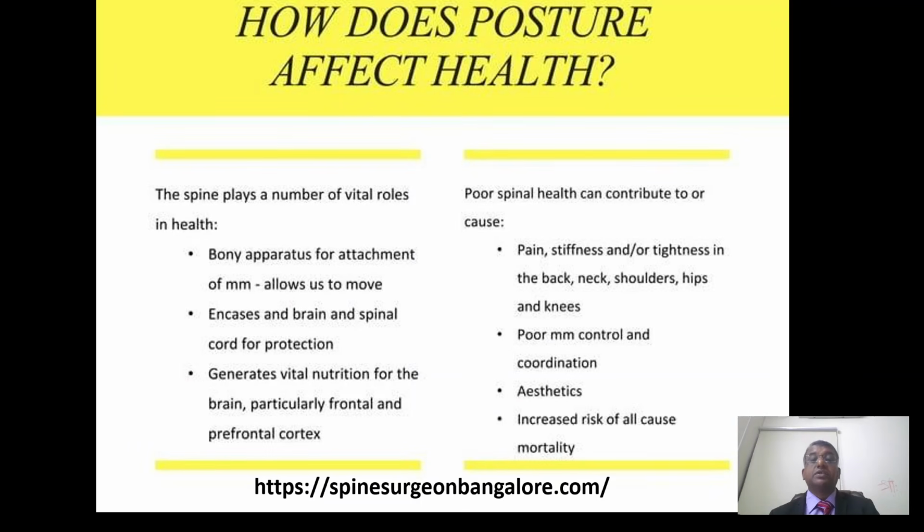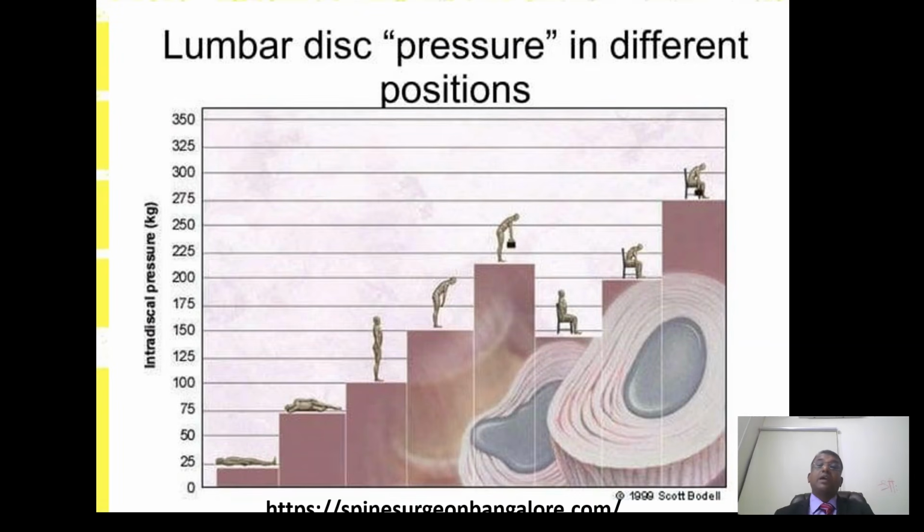Posture can affect various aspects of our life, leading to pain, stiffness, poor control, coordination, and increased morbidity. Why is posture so important? Multiple studies in the past have shown that the pressure in our disc, which is the cushion between two bones, varies with different positions. In this image, we see the pressure in the disc, that is intradiscal pressure, in various postures.